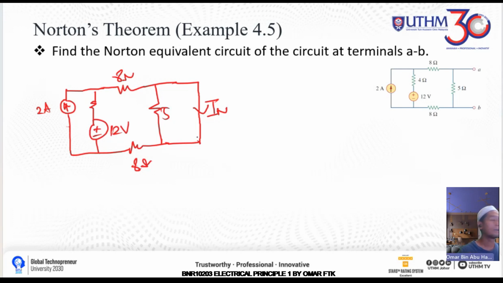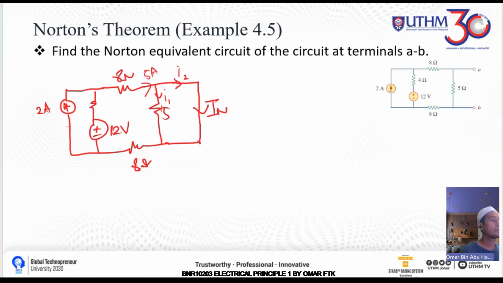So for the In, there is a short circuit here. Let's say your current here is 5 ampere, and then it has two paths, I1 and I2, for example.